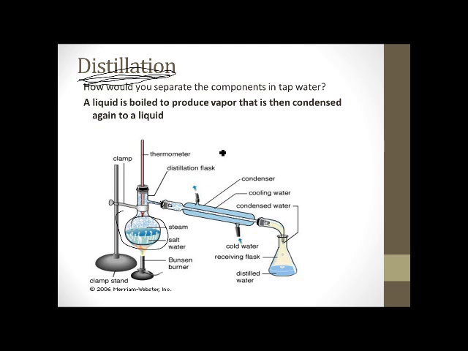So in distillation, we're separating these liquids based on their boiling point. And it can be really cool if you have two liquids mixed together and there's no way to separate them, but their boiling points are different. You can separate them via distillation.